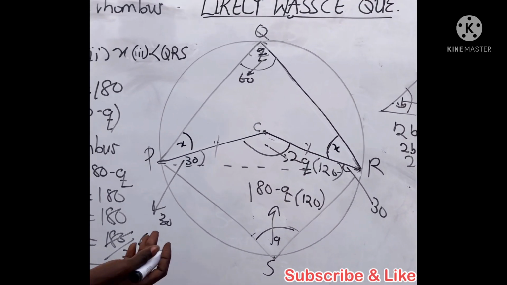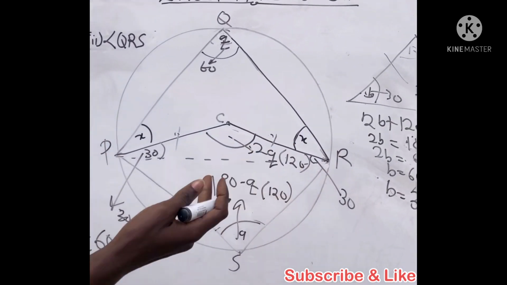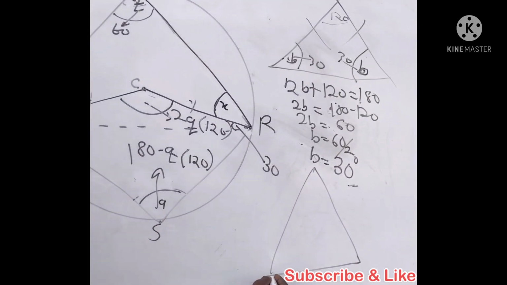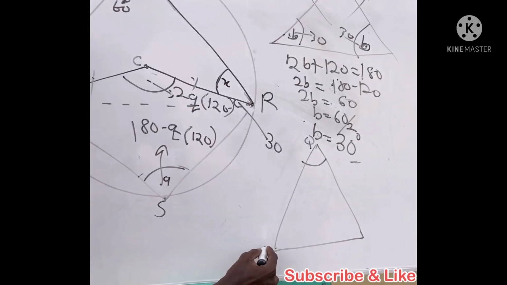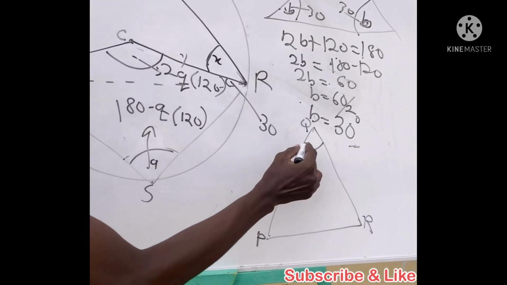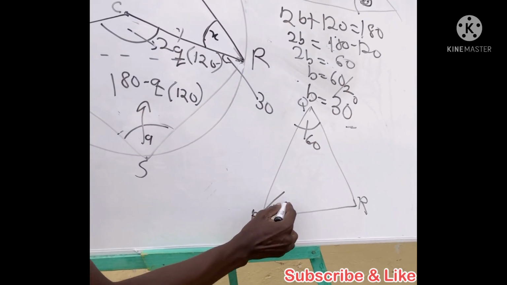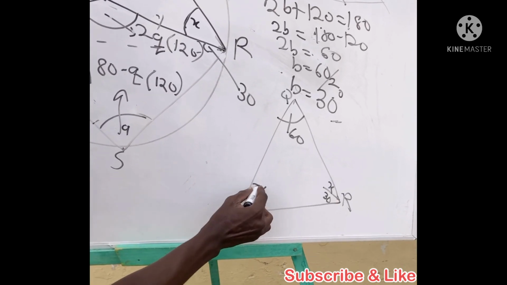Now we are asked to find for x. We can bring out this big triangle in this form. Here is Q. Here is P. And here is R. The angle here is 60. We know here to be 30. We know here to be 30. Here is x. Here is x.